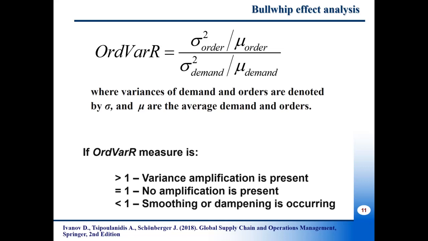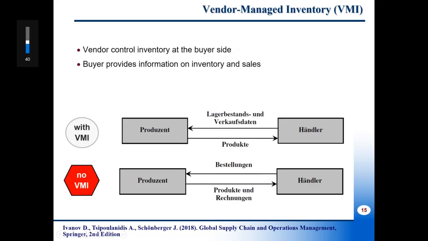The question is, what should supply chains do if the performance indicator is lower than 1? Inventory exists to manage uncertainty of supply and demand, or safety stock, and to take advantage of economies of scale in terms of cycle inventory.